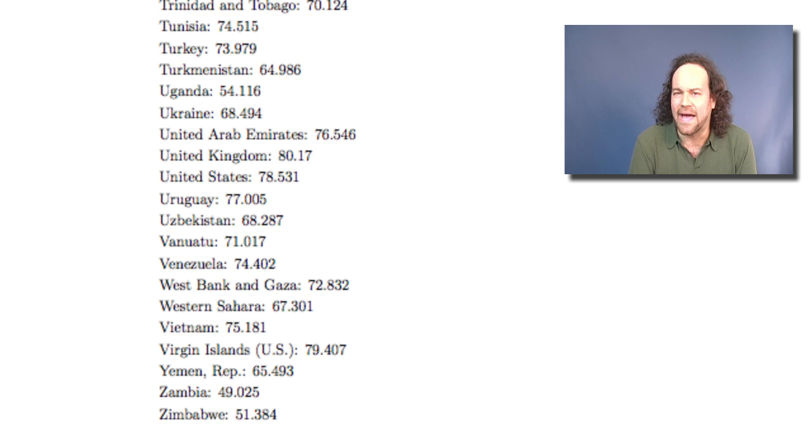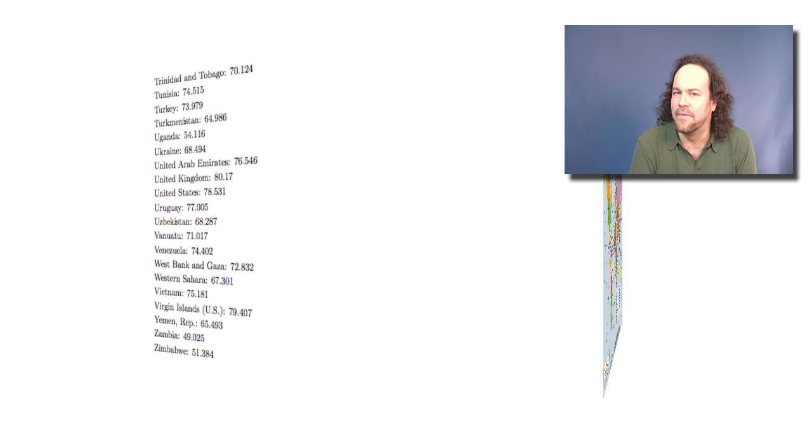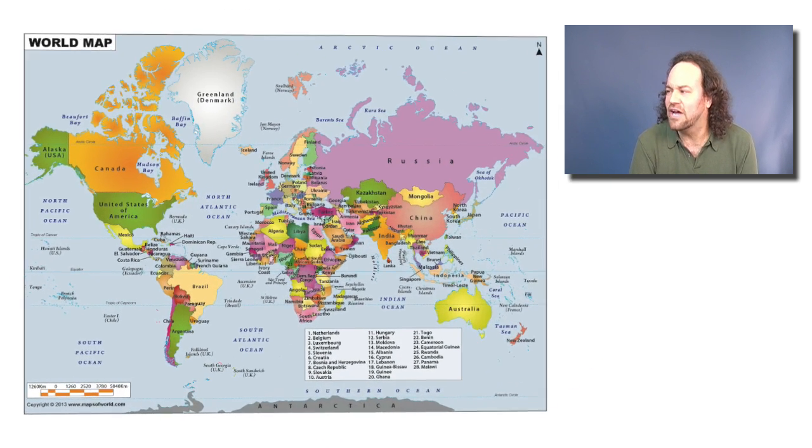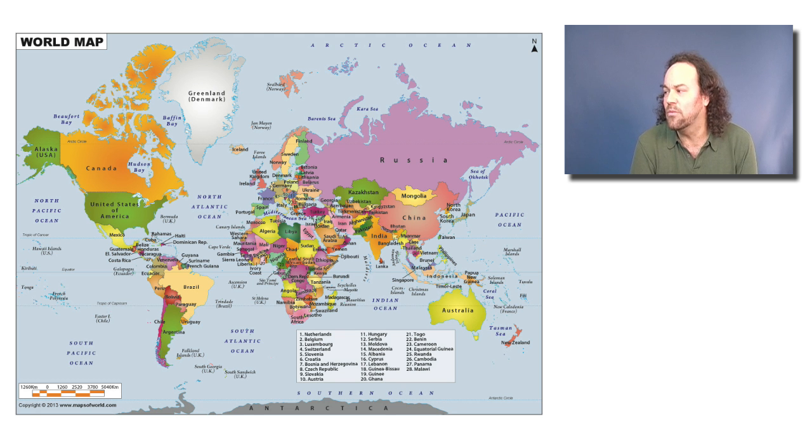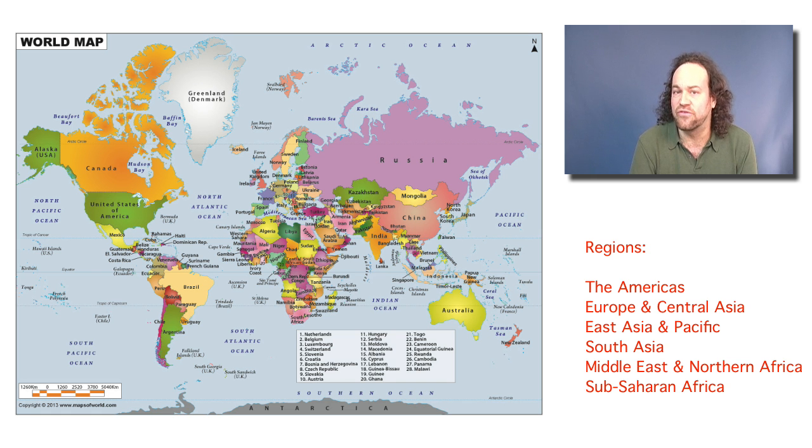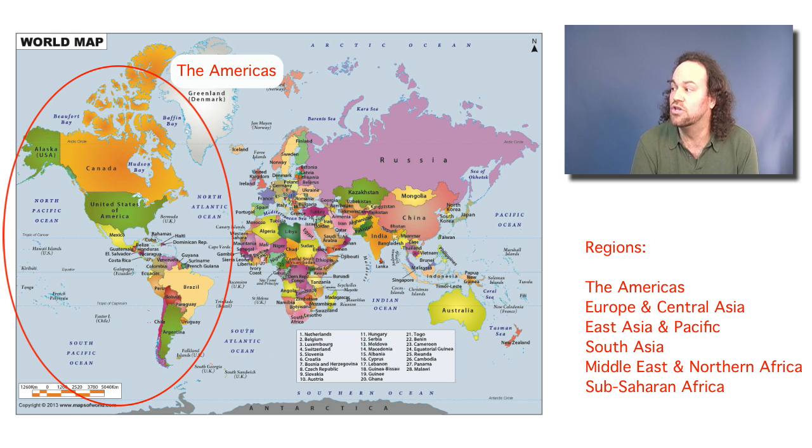So let's go back to that data about life expectancies and think about where it comes from. Each of those countries and territories is represented somewhere in this map. Now the data that we got also divides up the world in terms of different regions. And the way they divided up the data, they talked about the Americas, North, South, and Central, as one region.